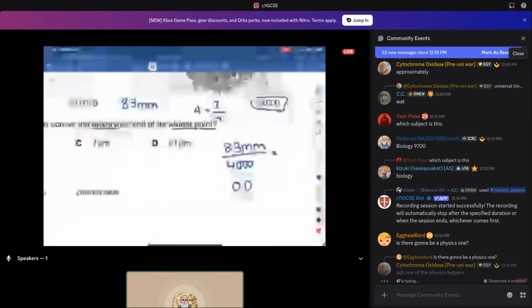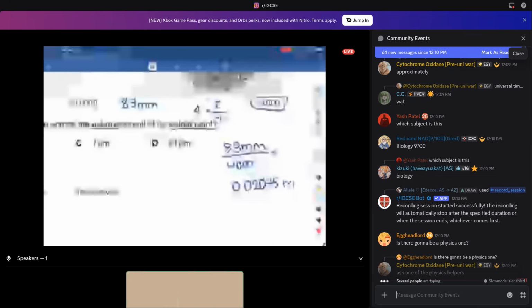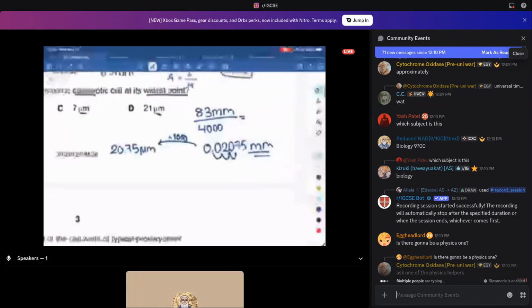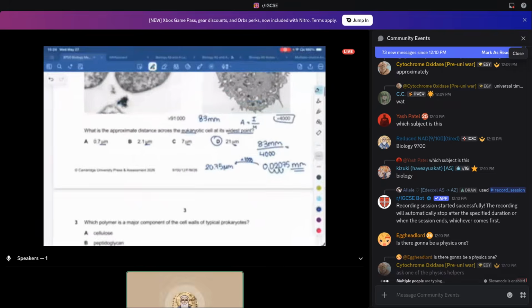I'll write it down, sorry. That would be 20.75 micrometers, or roughly 21 micrometers. D.